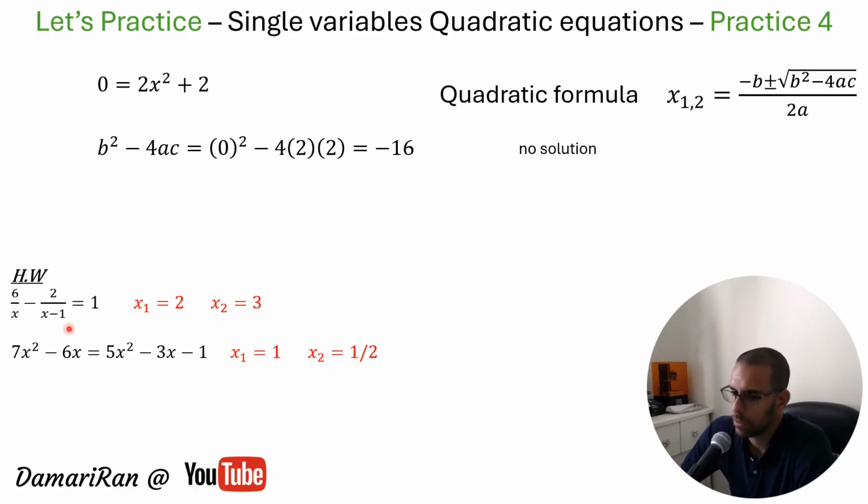Okay, so solve these two, and I hope you have a nice time doing it. If you have a problem with this kind of exercise, especially the first one, I suggest you go to the playlist on first degree equations with two variables, where I'm showing how to solve this kind of exercise.